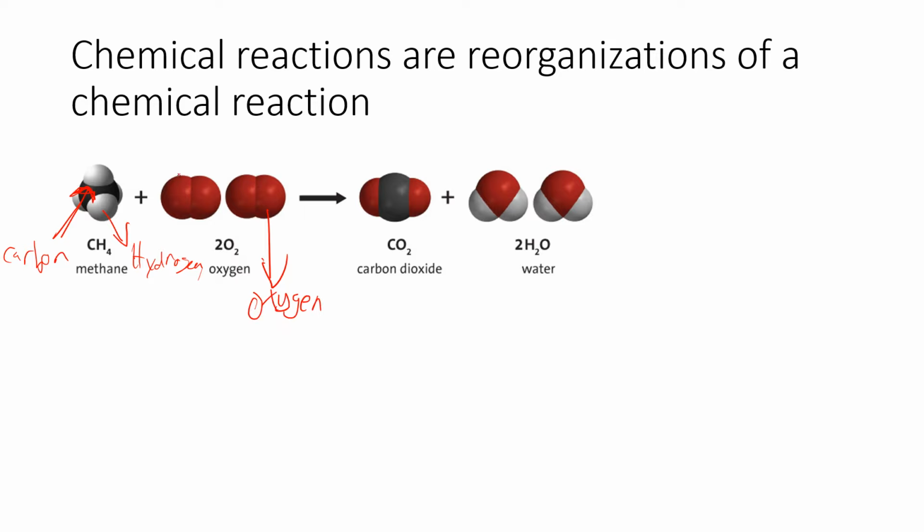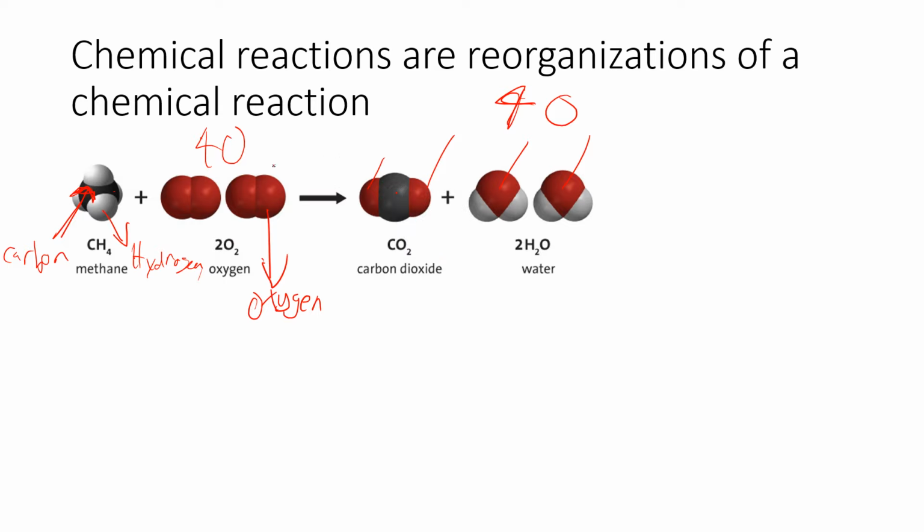You can see that due to the conservation of mass that we talked about in the previous video, we have 1, 2, 3, 4 oxygens on this side, and we have 1, 2, 3, 4 oxygens on this side. On top of that, the carbon atom, we have one, and it's the same one over here, right?